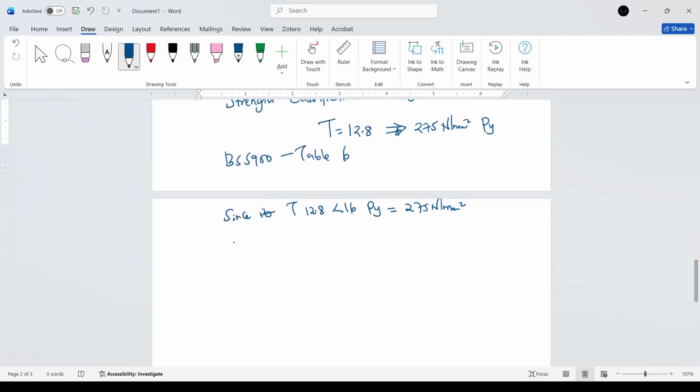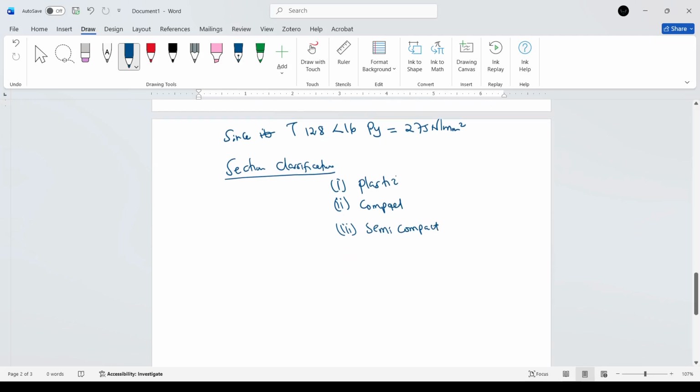So the section classification, we now want to classify it as either 1, plastic, 2, compact, 3, semi-compact, and the highest, but we are not going to actually see it now, is whether it is slender.